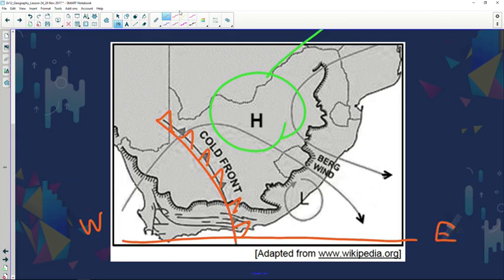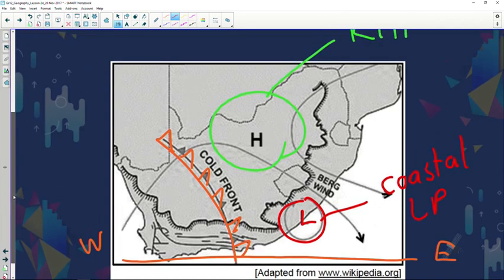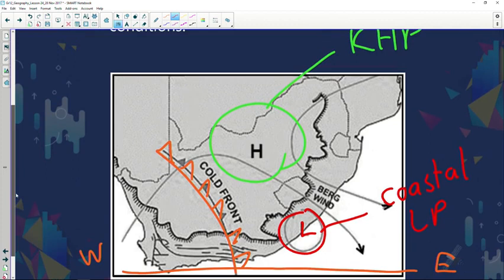And then we have a low pressure system that's known as a coastal low pressure on the coastline. So just by looking at this figure, all the conditions necessary for the formation of a bergwind are right in front of us. Now let's quickly go and have a look at the question.